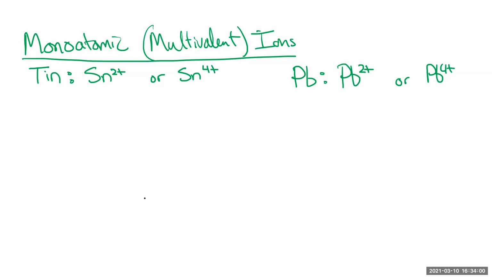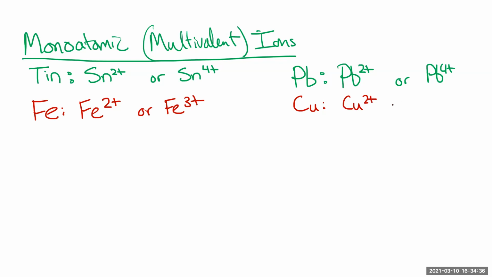The other ones outside of that tend to be our transition elements. And some of the ones that I would like you to be aware of include iron. Iron's most common are Fe 2 plus or Fe 3 plus. Other possibilities: you've got copper, which can be either copper 2 plus or copper 1 plus.